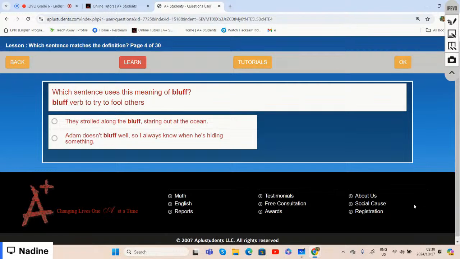Or option two, Adam doesn't bluff well, so I always know when he's hiding something. Which one is correct? Option one or option two? Bluff, when you try to fool others.